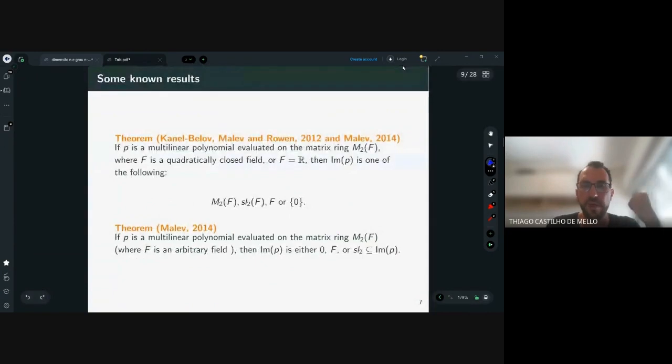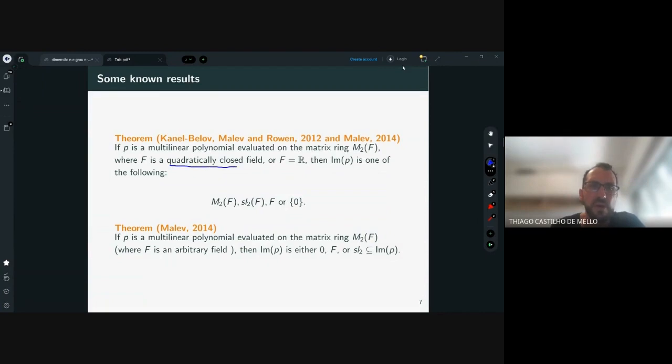Okay, but let's go back to the case that the polynomial is multilinear and see some positive results in this direction. The most important result in this direction is that for 2 by 2 matrices, Kanel-Belov, Malev, and Rowen showed that if P is a multilinear polynomial evaluated on 2 by 2 matrices, then the image of P is one of those possibilities. So they proved the conjecture, but they have a restriction on the field.